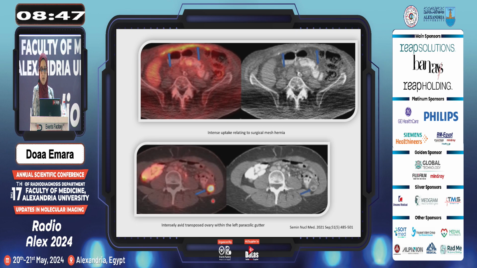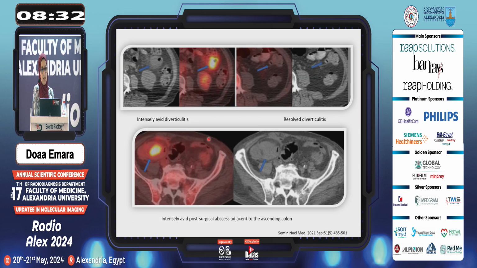And this is an ovary with transposition of the ovary at the left paracolic gutter showing intense uptake. We have to know these normal structures to avoid false positive results. This case of diverticulitis with intense uptake shows resolution after treatment. And this is an abscess, a post-operative complication.